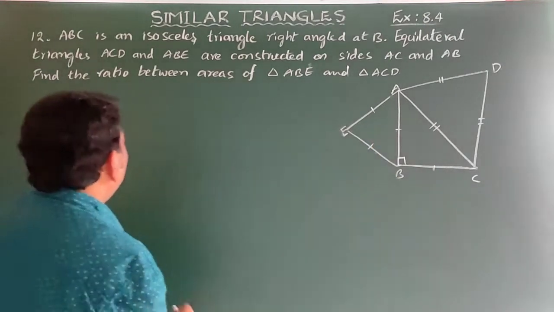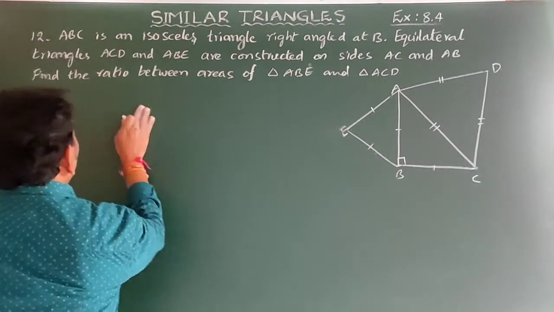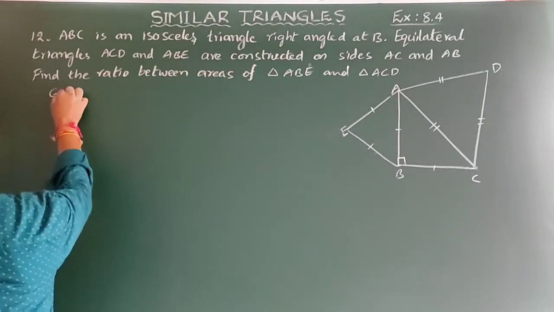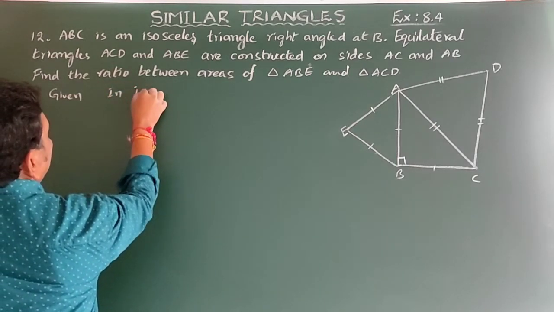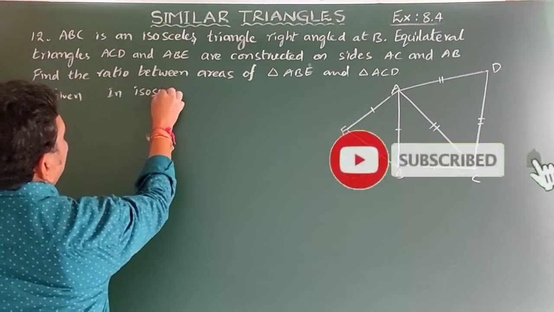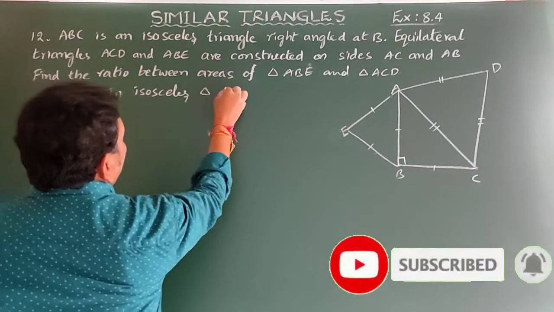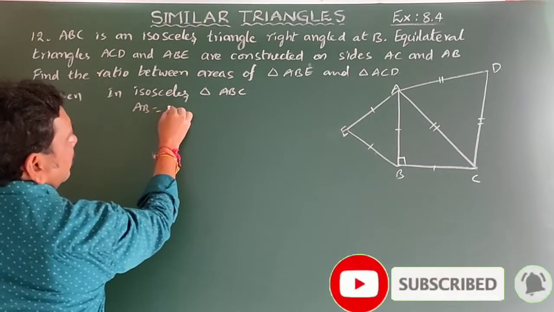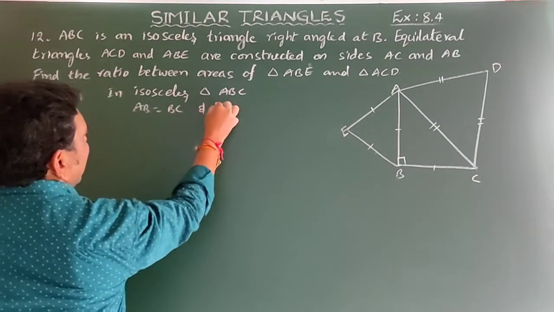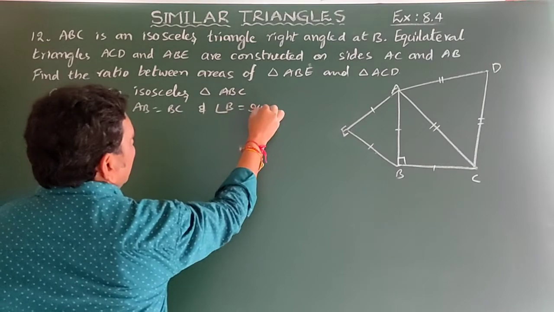Look here. In the data itself, what is given? Given in isosceles triangle ABC, AB is equal to BC and angle B is equal to 90 degrees.